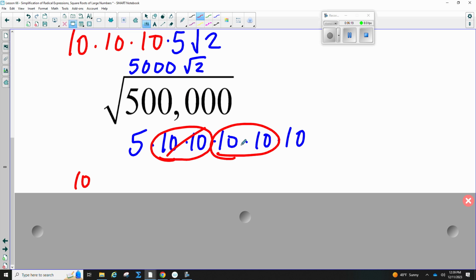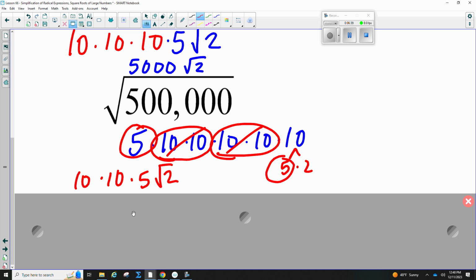So I'm going to write 2 tens on the outside. This one also breaks down further, just like the last one. So I can separate this 10 out to 5 times 2. What else gets to leave the house? Yeah, we've got a date here, so a 5 leaves the house, and the root 2 stays inside. All right, so multiply those numbers on the outside. That would be 500 root 2 for my final answer.